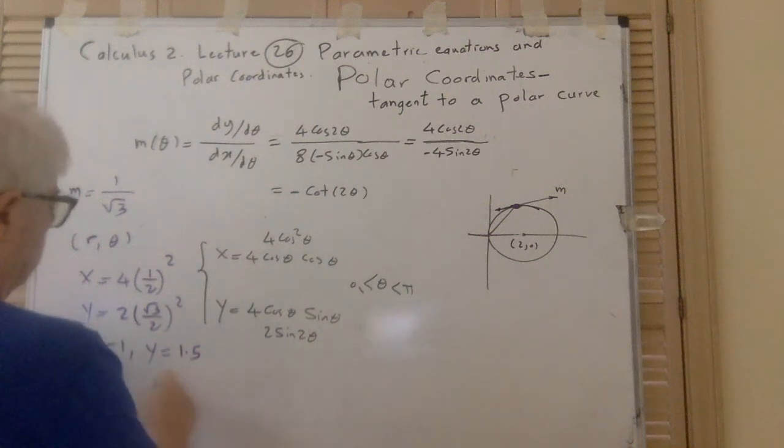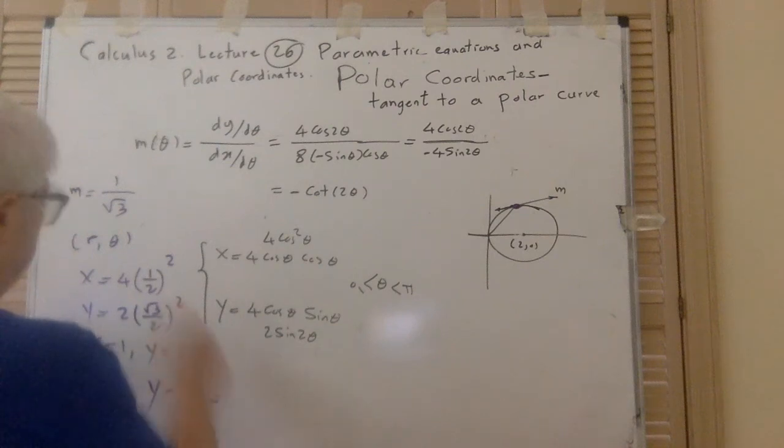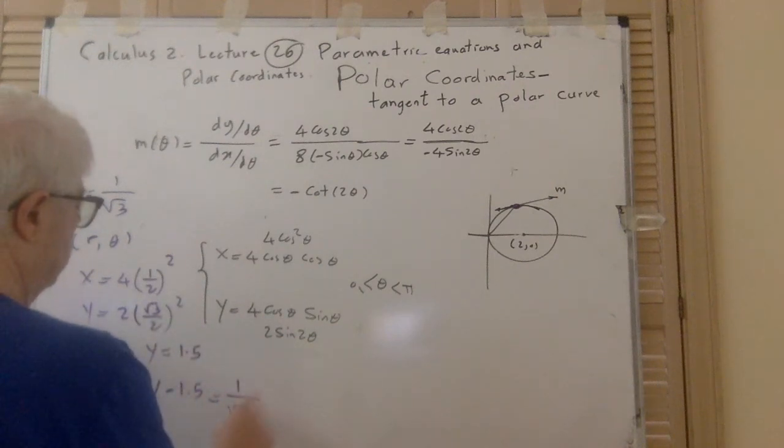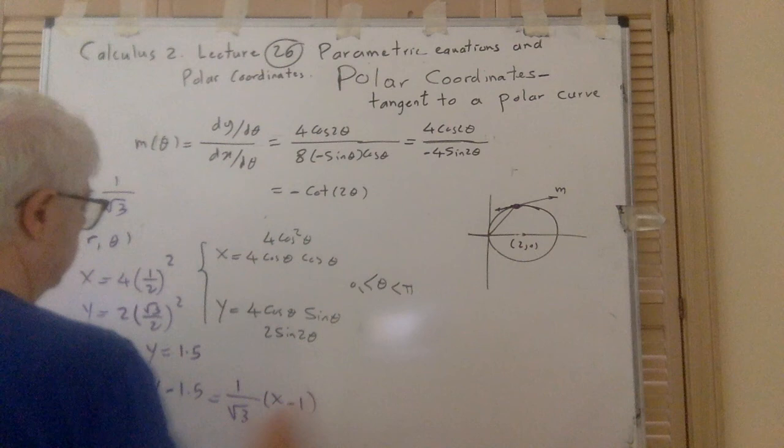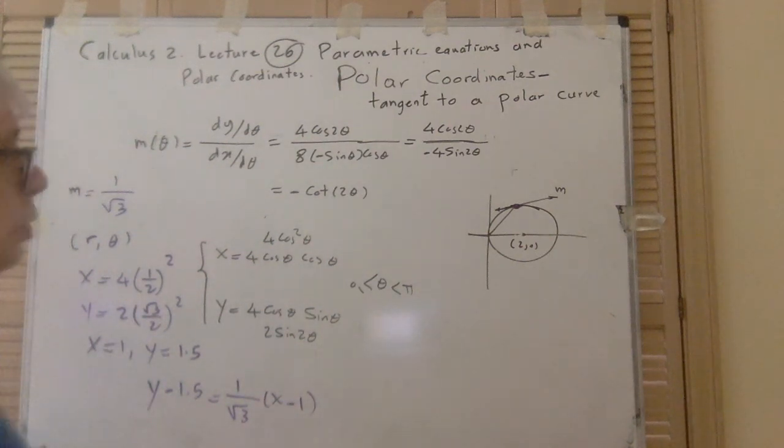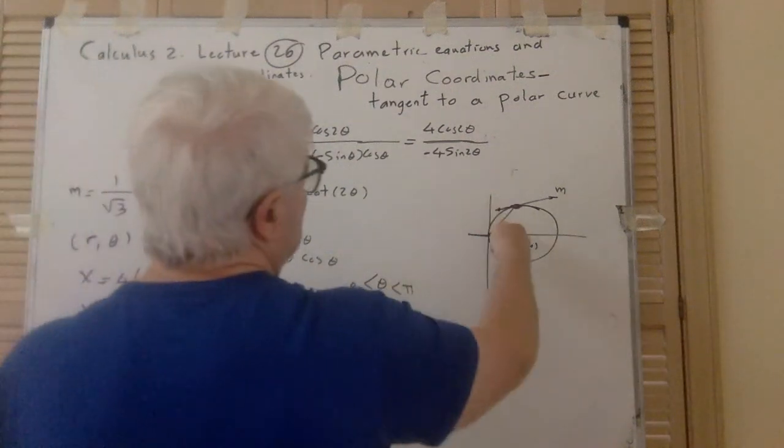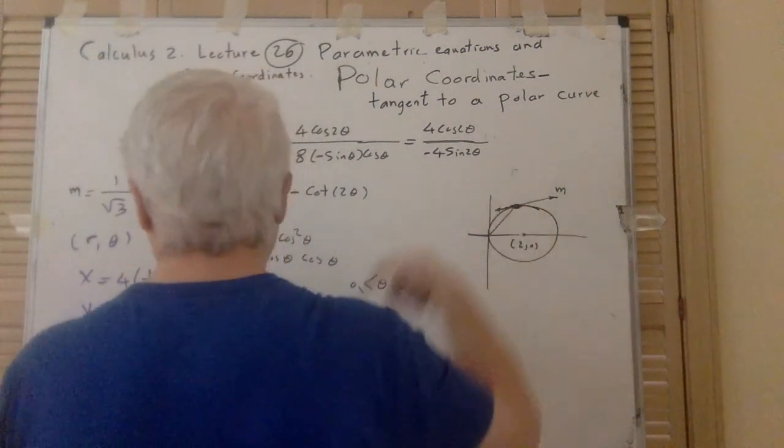So the equation of the tangent line is y minus 1.5 equals 1 over square root of 3 times x minus 1. Something like that. I'm going through this so fast. Check the calculation. It seems okay because the y coordinate seems okay.